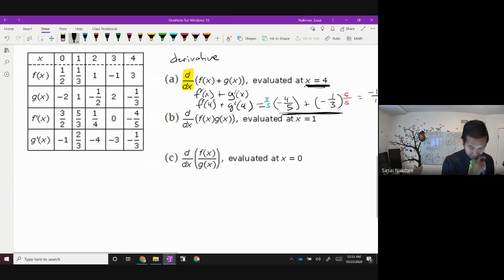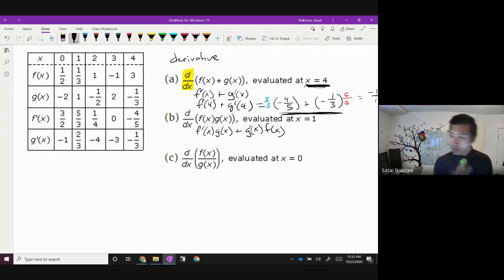Okay. Number two, you are looking at a product rule for number 2, right? It's the derivative of the first function times the second function plus the derivative of the second function times the first function. Please understand that's what you need to do for the product rule for this one, right?